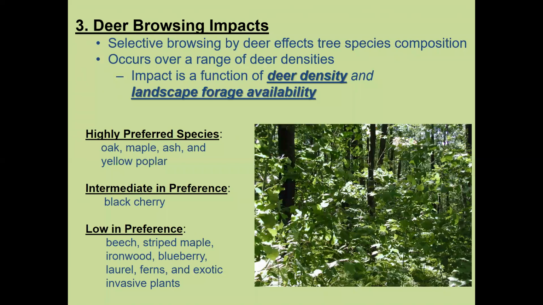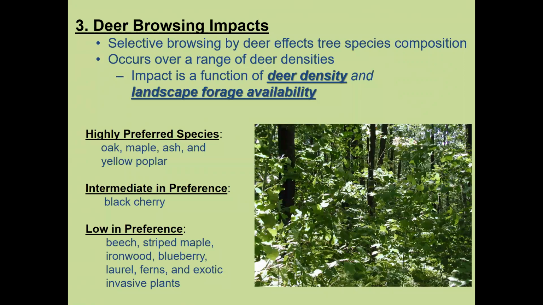So if we put 20 deer per square mile on the landscape, and that landscape has very poor food available for it, so a low forage landscape, the impact can be really high. But if we put 20 deer per square mile on a high forage landscape, so same exact number of deer, put them on a high forage landscape, the impact of those deer would be very low.